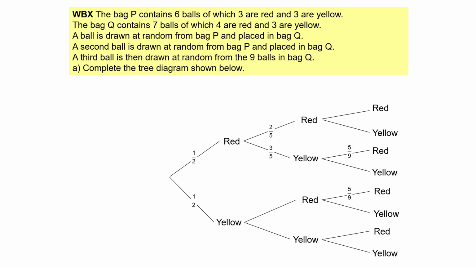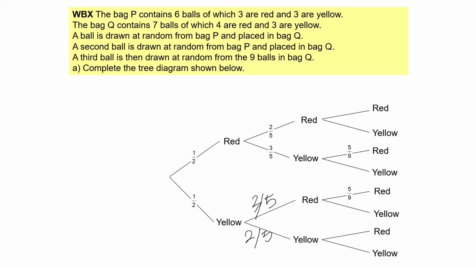One minute, sir. Red and yellow. 3 are red and 3 are yellow. If a red is picked, so yeah, yellow would be 2 over 5, 5. Okay, now a third ball is drawn at random.